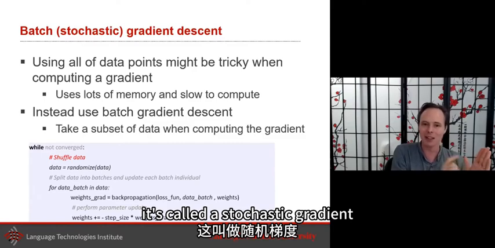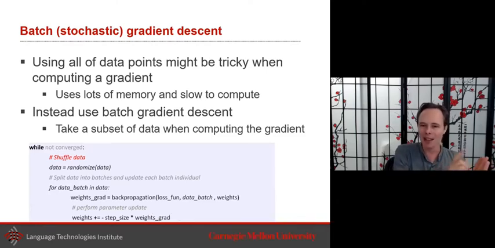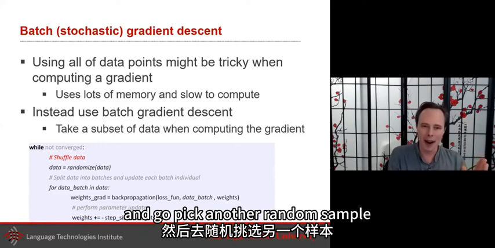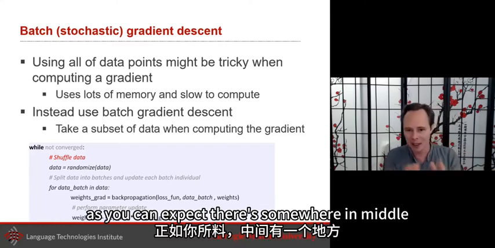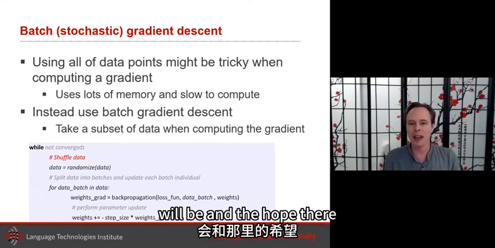It's called a stochastic gradient, where you just pick one sample, compute the gradient, take a step, and go pick another random sample, compute a gradient, make a step in optimization.